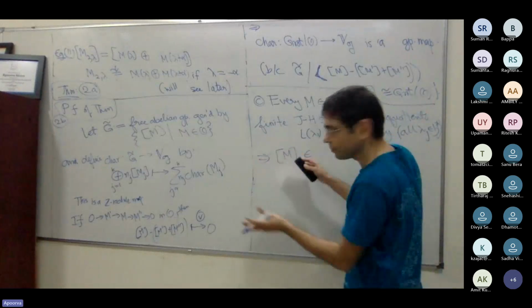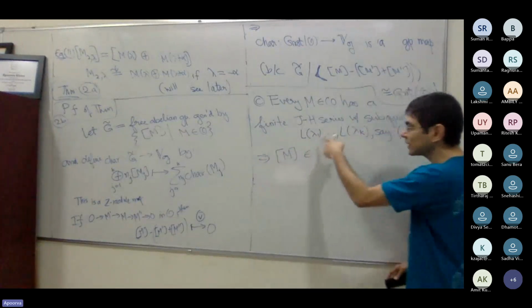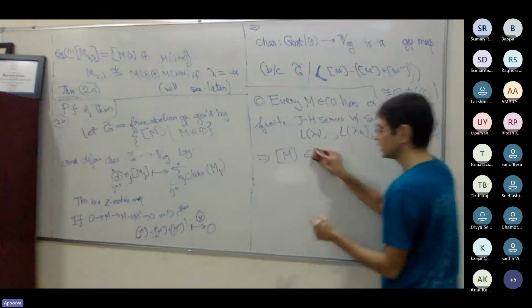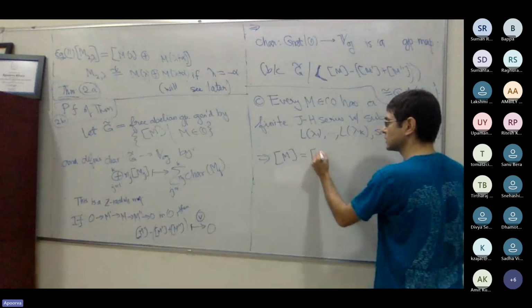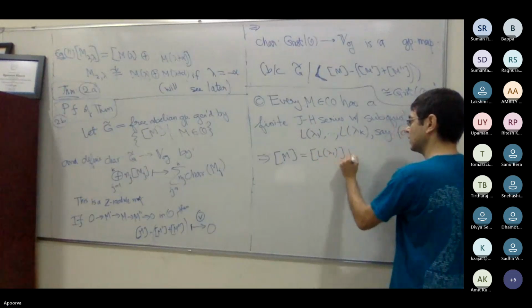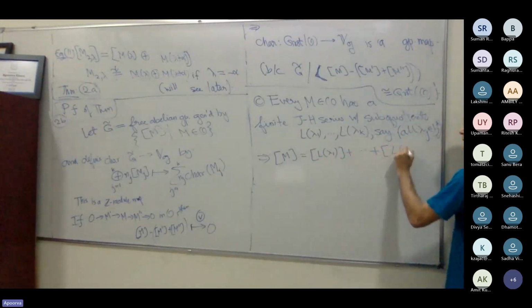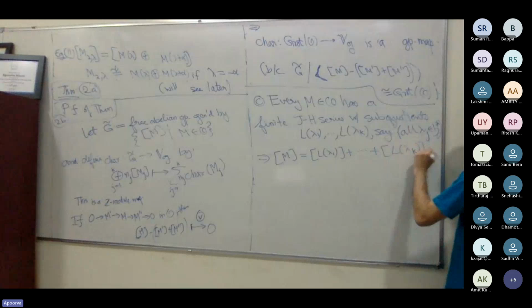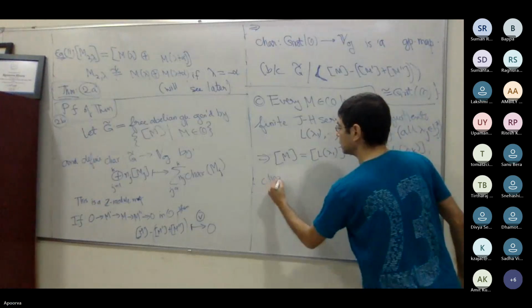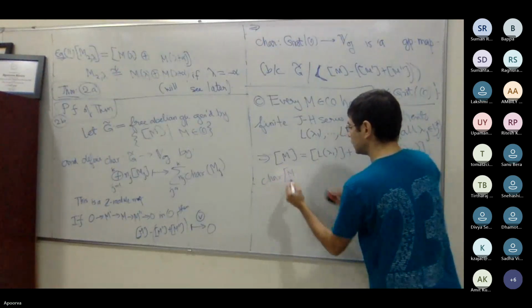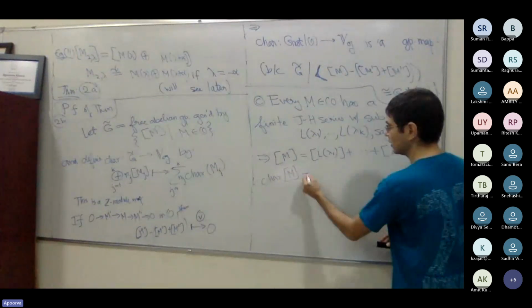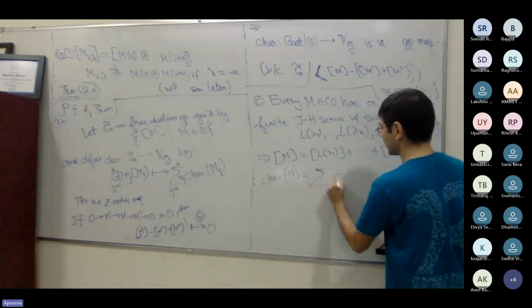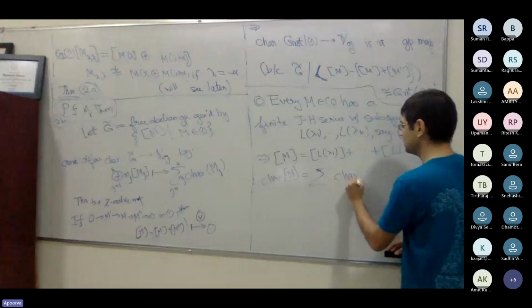Because of the same kind of map that we saw, the character of M is the sum of these characters, and the isoclass of M is also the sum of the isoclasses. I could even put character with brackets.